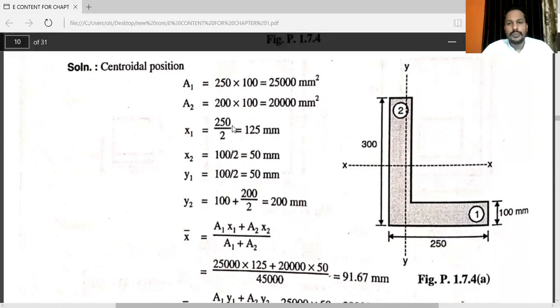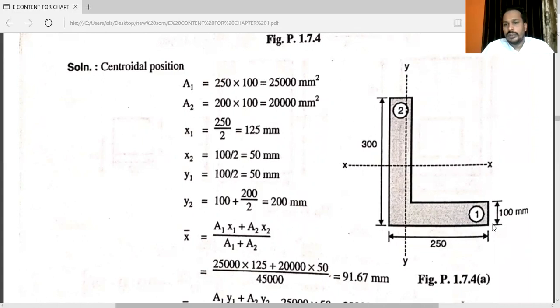So here they have taken this one as the first rectangle. Again, I am showing, this one is the first rectangle, and the second rectangle is from this.